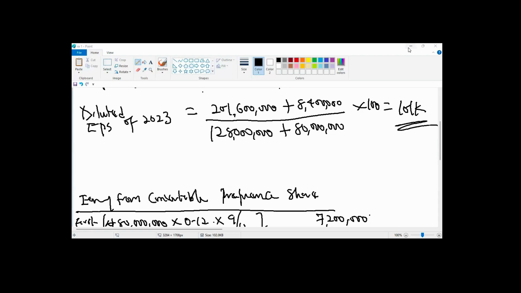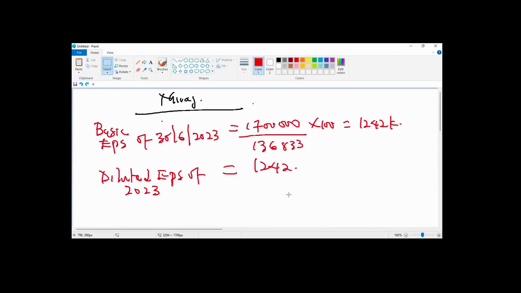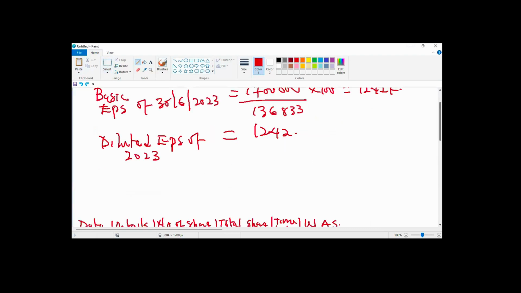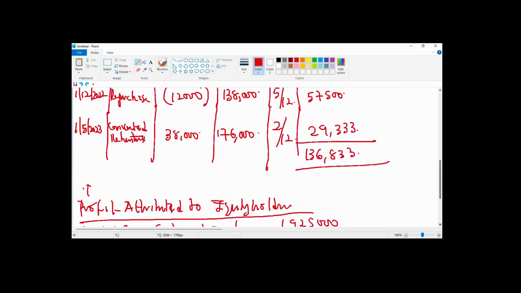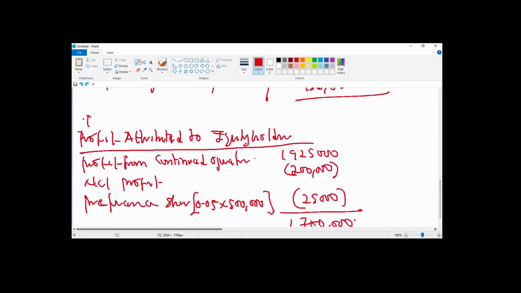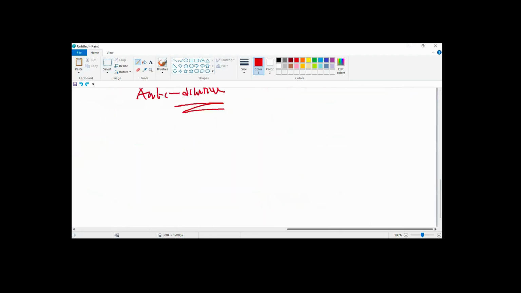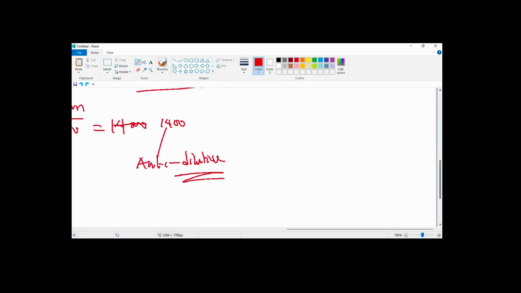Look at it here. Diluted. You calculate, it is anti-dilutive.